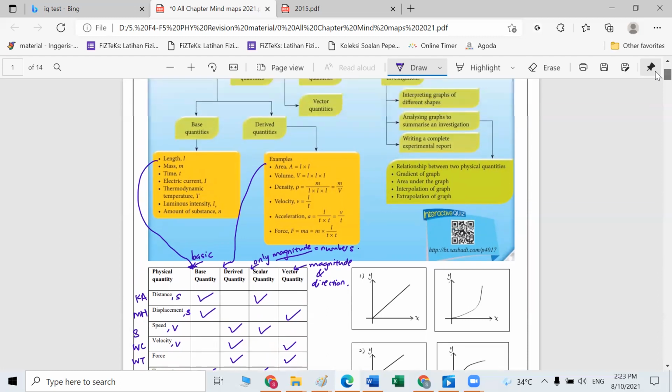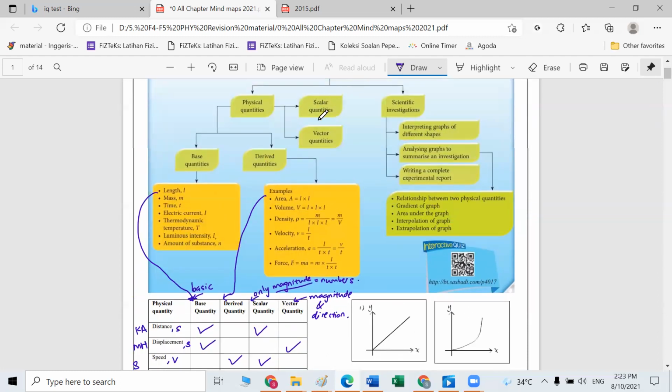Okay, so scalar is only magnitude. This one has magnitude and direction.